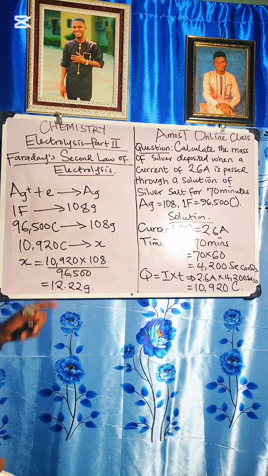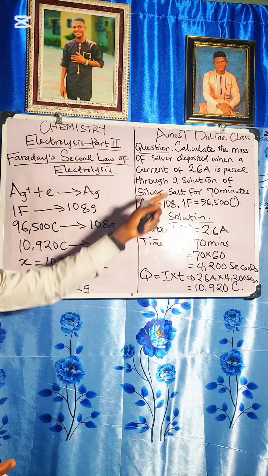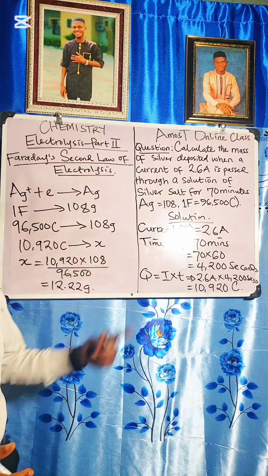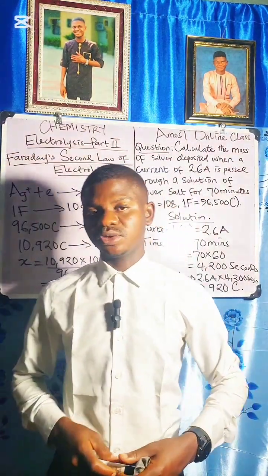So our final answer is 12.22 grams. Therefore, 12.22 grams will be deposited when a current of 2.6 amperes is passed through a solution of silver salt for 70 minutes.